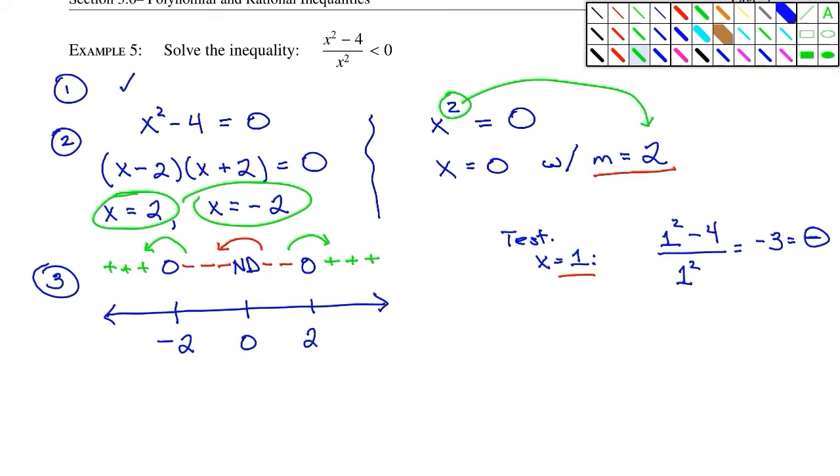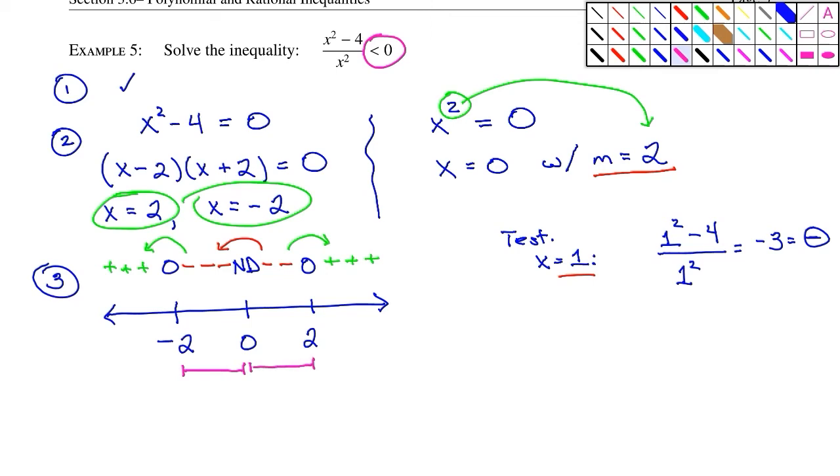And now we can use the sign chart to solve for the inequality. The inequality is less than 0, and it's strictly less than 0. So we're looking for the numbers where it is strictly less than 0. So that's going to be between -2 and 0, and from 0 to 2.